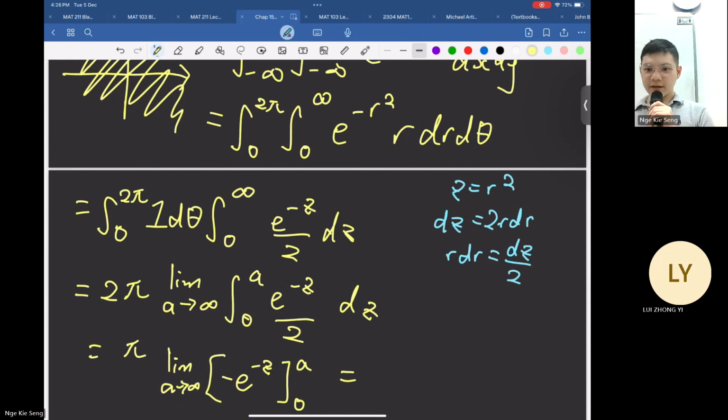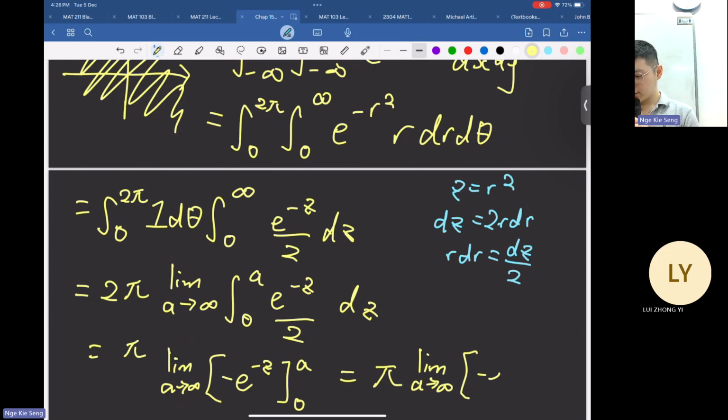Okay, and then what is this? Let's write one more step: minus e to the minus a plus 1. What is this?